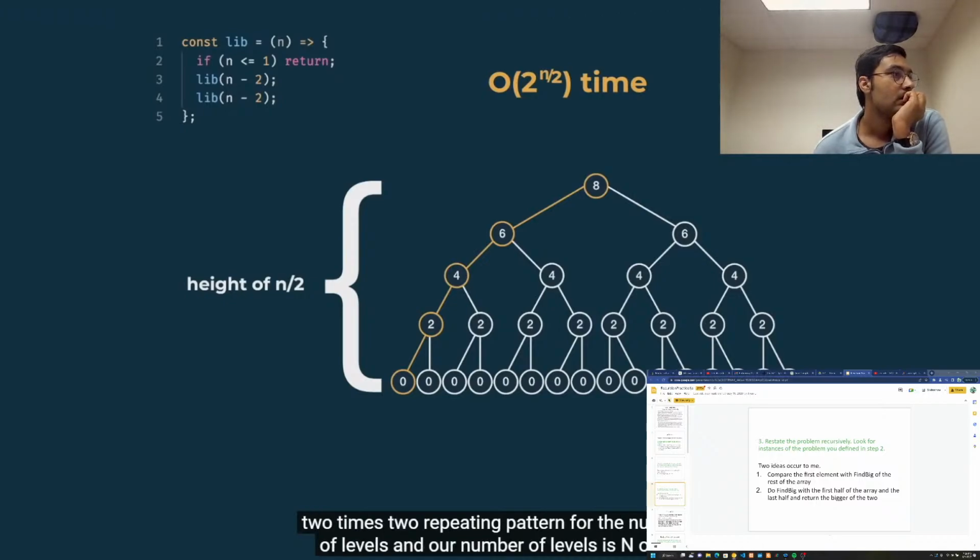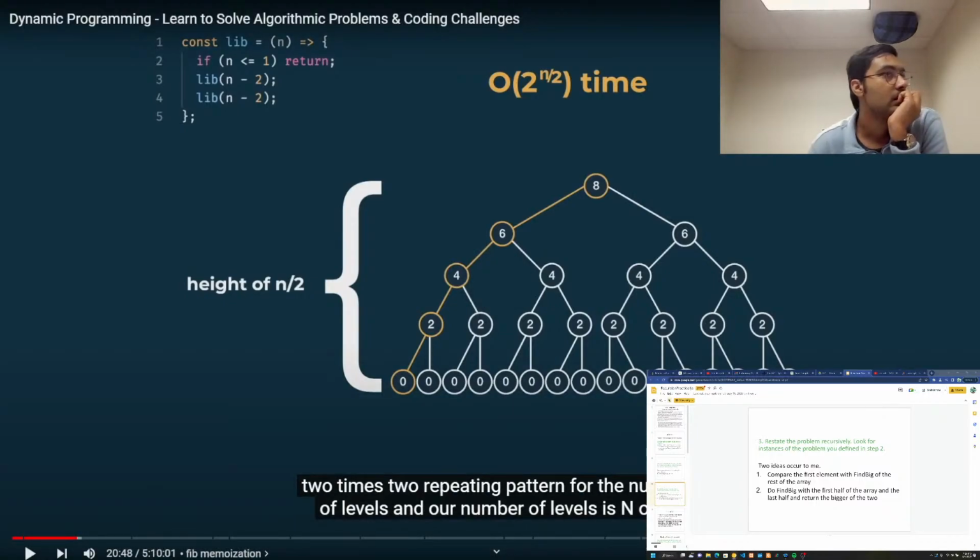So that's that 2 times 2 times 2 repeating pattern for the number of levels, and our number of levels is n over 2, right?